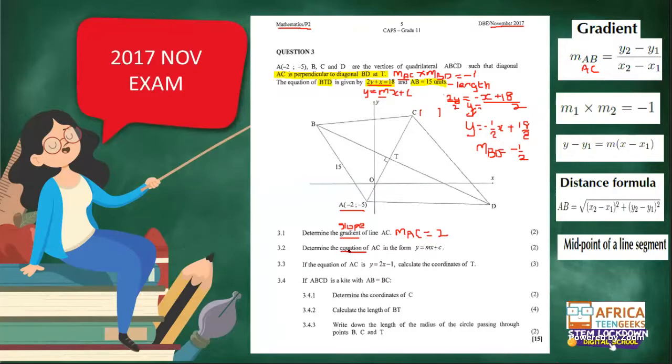Okay, so for line AC, you still have 1 point, but another good thing is that you also have a gradient.